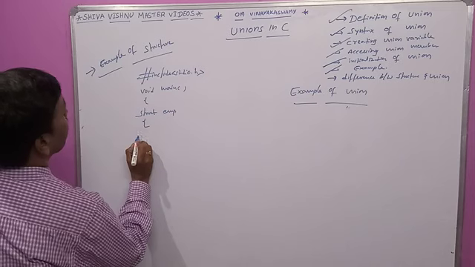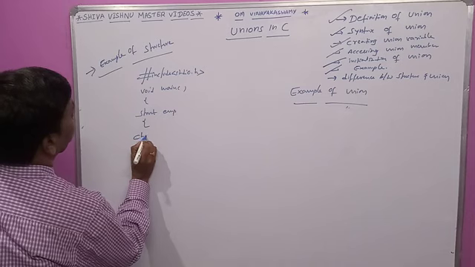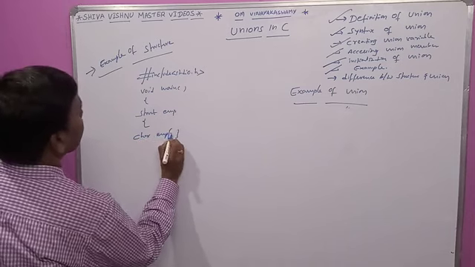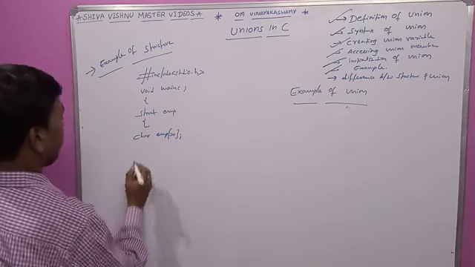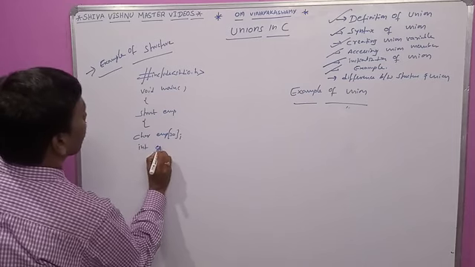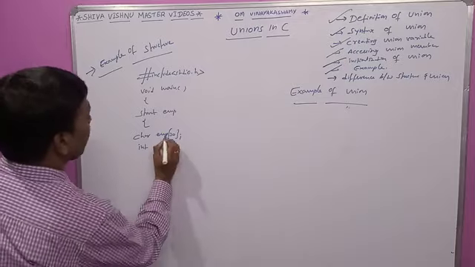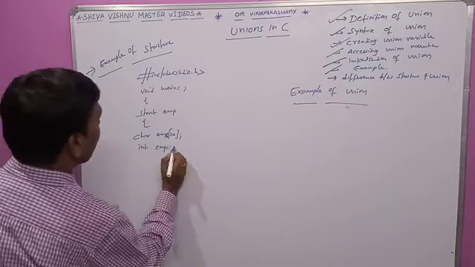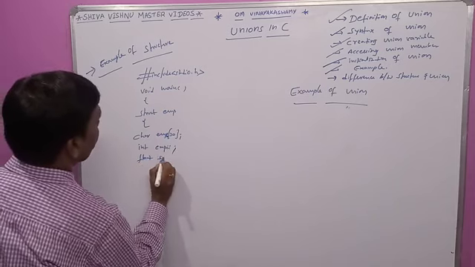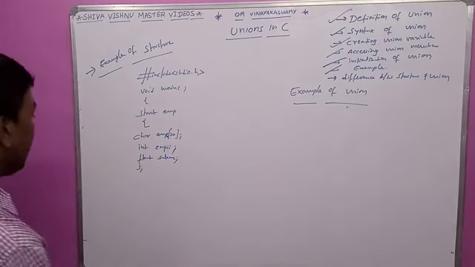Here you can see the employee name is a character, emp size is 30, semicolon. Next, int employee id, and employee salary is a float, semicolon, close brace, semicolon.